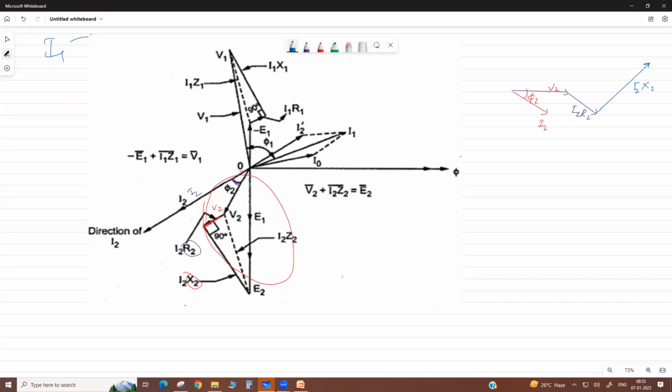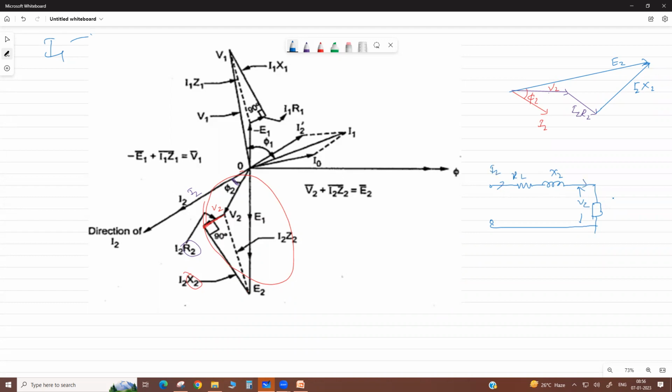Now this plus this plus this, all three will give you this. This is your E2, because it is the induced voltage in secondary. Then there is the resistance and reactance of the secondary, and this is your load. This is your secondary circuit. Here it is V2, this is X2, this is R2, and here is the current I2, load current.